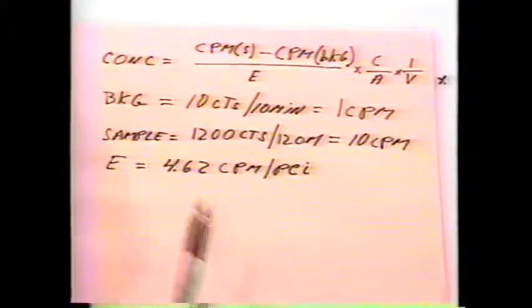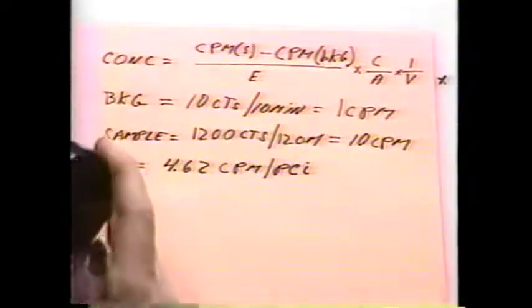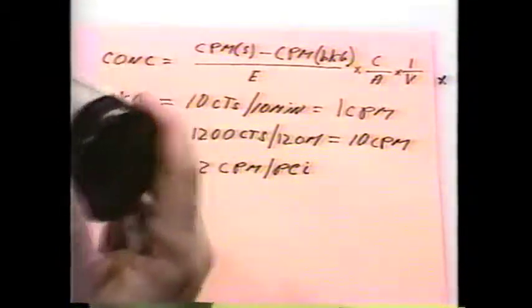What that means is that for every picocurie of radiation in the scintillation cell, the system of the phototube plus the scaler that adds up the counts sees 4.62 flashes of light. Altogether, we see 4.62 flashes of light for every picocurie of radiation in the scintillation cell. That's what the efficiency means.